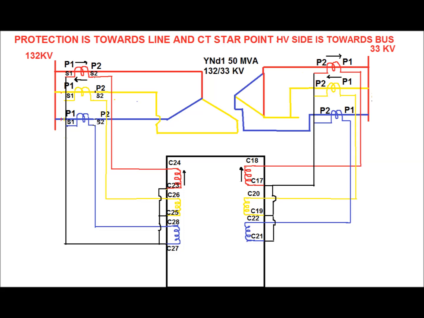Here all the S2 terminals of the red, yellow and blue phases are taken to terminals C24, C26 and C28 of the relay, and C23, C25 and C27 are shorted together to form the neutral of the CT series and taken back to all the S1 terminals of the red, yellow and blue phases for formation of the star point of the CT. Here the star point is towards the bus side.